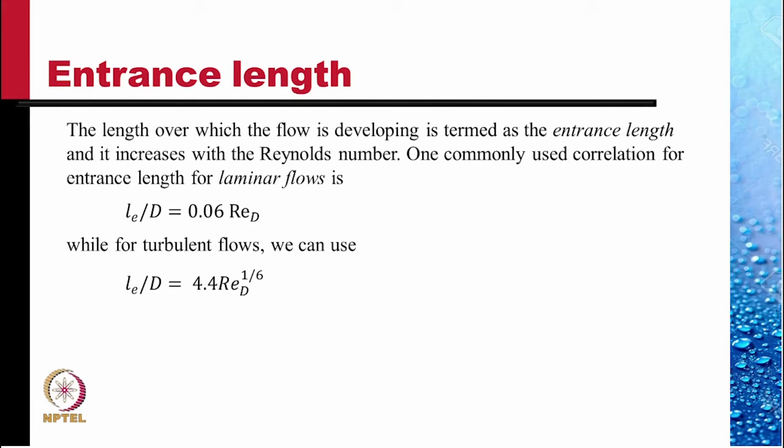One commonly used correlation for entrance length for laminar flows is LE is equal to 0.06 Reynolds number based on the diameter of the pipe or the tube. While in the turbulent flows, this correlation is LE is equal to 4.4 into Re_D raised to power 1/6.